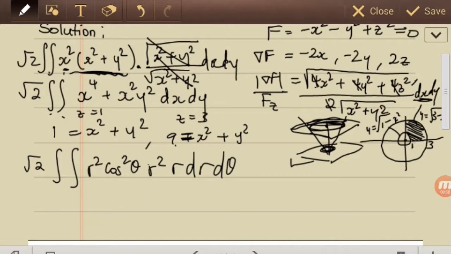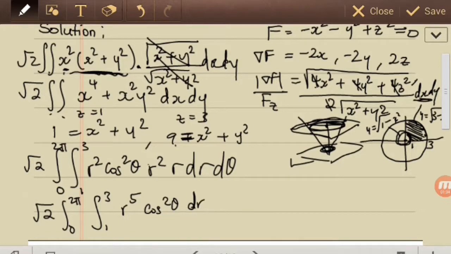What are the limits for r? We know that the radius goes from radius 1 to radius 3. So 1 to 3. And our theta is going from 0 to 360, which is 2 pi. 0 to 2 pi. That's fine. So this is the same as 2 times the integral from 0 to 2 pi, 1 to 3, r to the 5, and this is cos squared theta dr d theta.